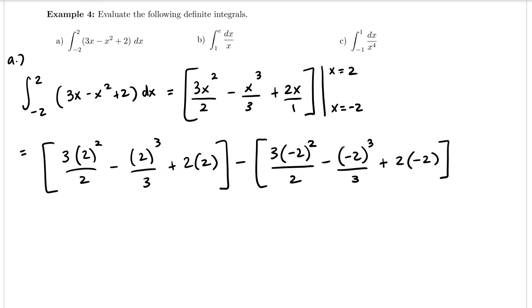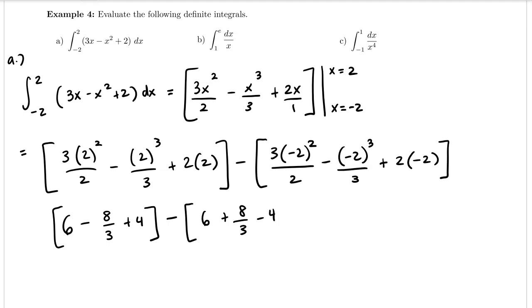Okay, so 2 squared is 4, 4 divided by 2 is 2, so 3 times 2 is 6, minus 8 thirds plus 4. That is also going to be 6, and then plus 8 thirds, and minus 4. And we're going to have 6 minus 6 if I distribute this negative sign, so that's going to cancel with that.